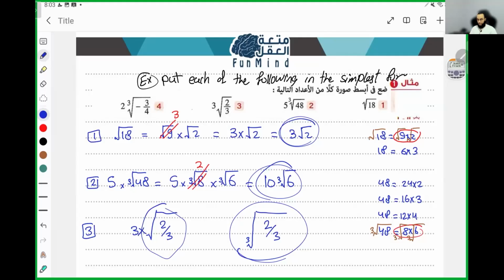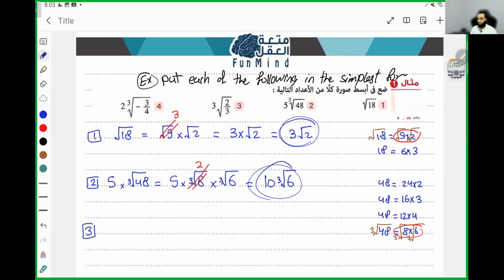This is a square root multiplied by 3, but this is a cubic root, which has a small 3. You got the difference? Got it. Okay. We have 3 multiplied by square root 2 over 3.